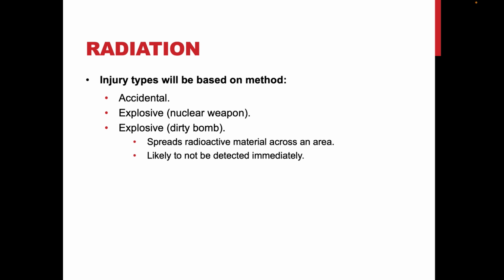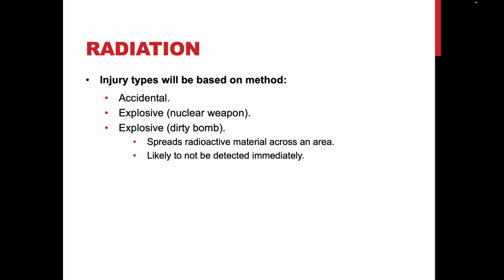Injury types that we're going to see from radioactive emergencies are going to be based on their method, whether it's an accident, meaning something that's happened in a nuclear reaction, or as I alluded to earlier, we've spilled some of the contrast agent used for nuclear medicine testing, or is this an explosion, such as a nuclear weapon or a dirty bomb?